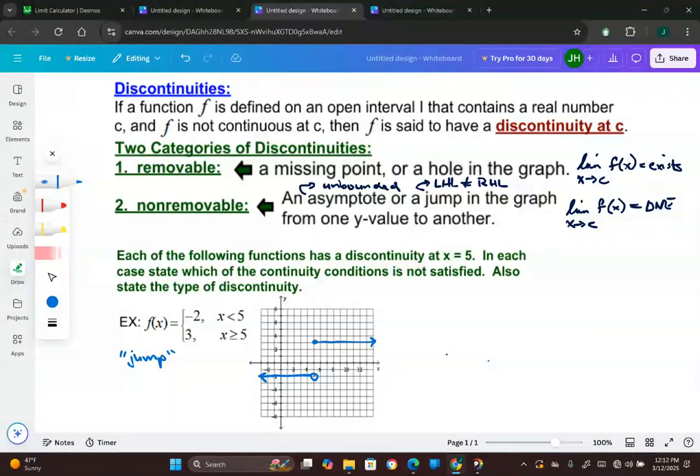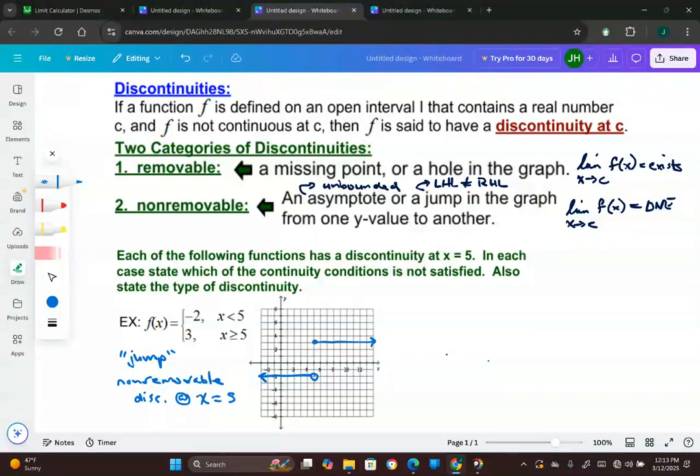For me, I think you can see that with a jump from one y value to the next, the limit doesn't exist. So what we're talking about here is a non-removable discontinuity. And I'm just going to put DSC for discontinuity at x equals 5. I think it's pretty obvious.